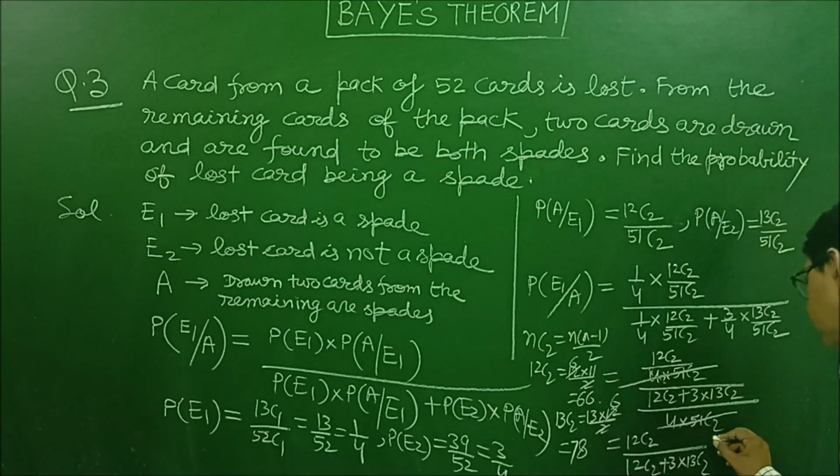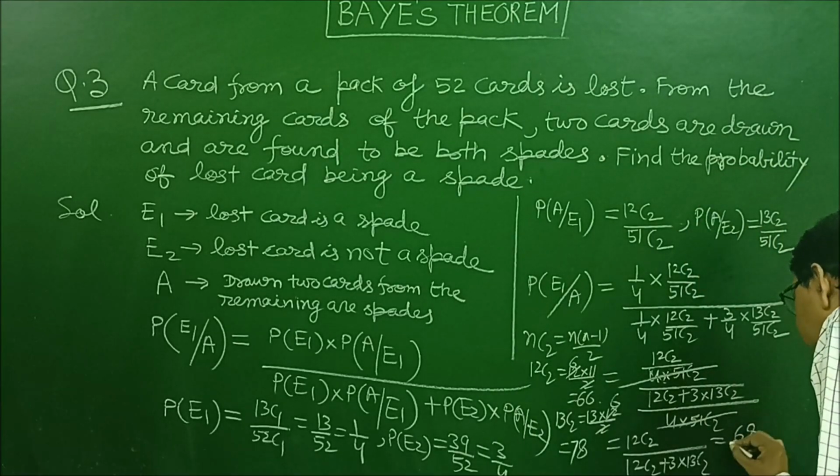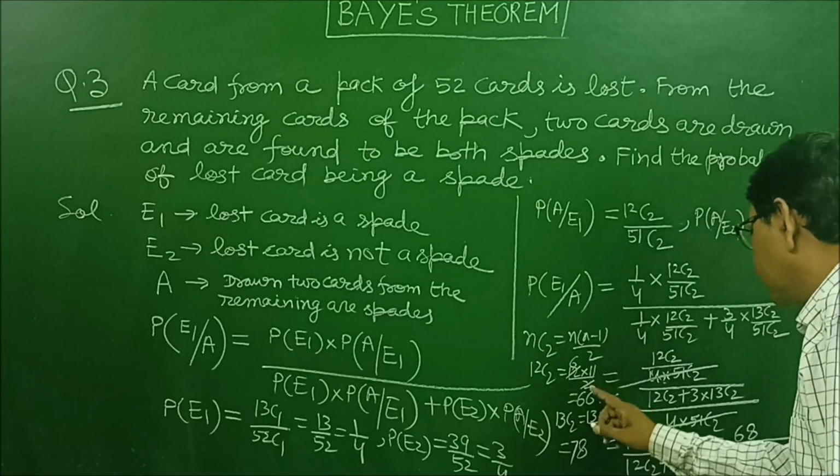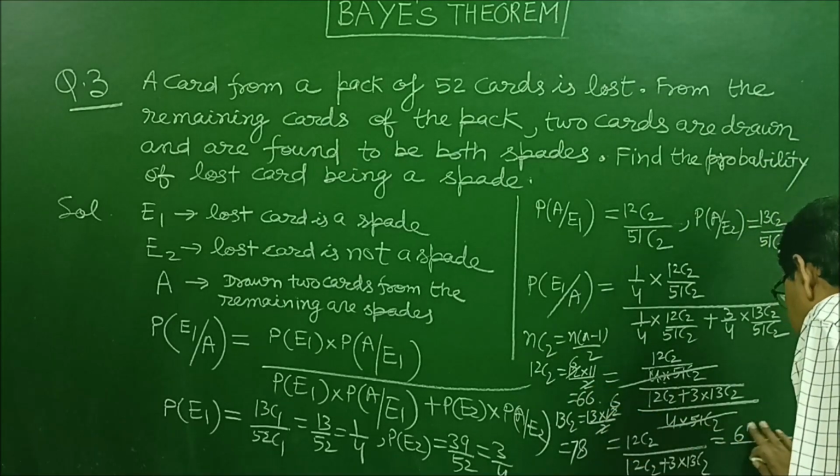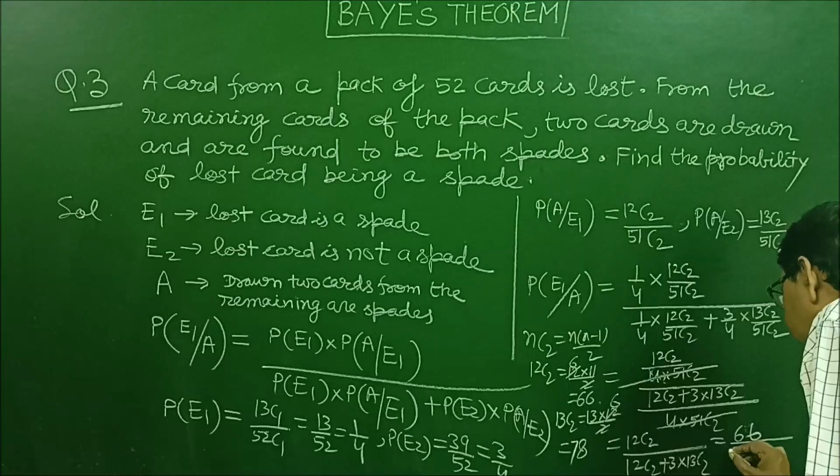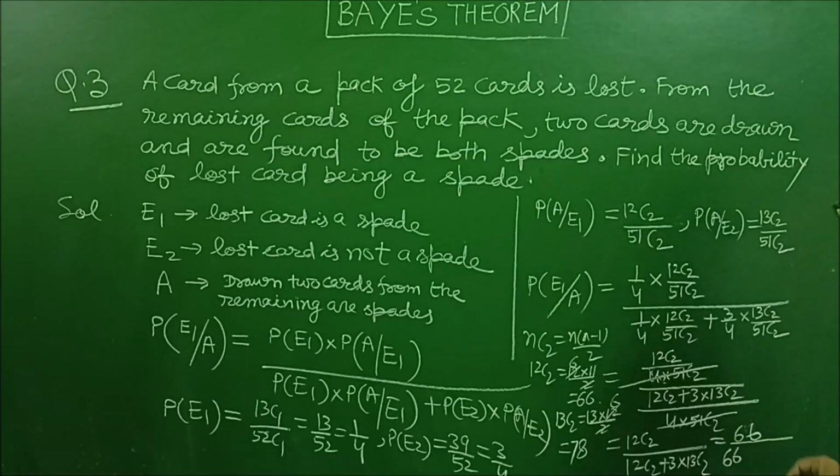So putting these values here, 66 upon 66 plus 3 into 78.